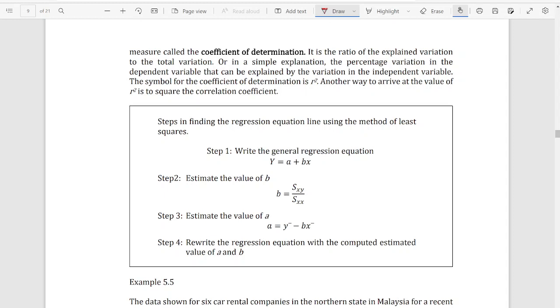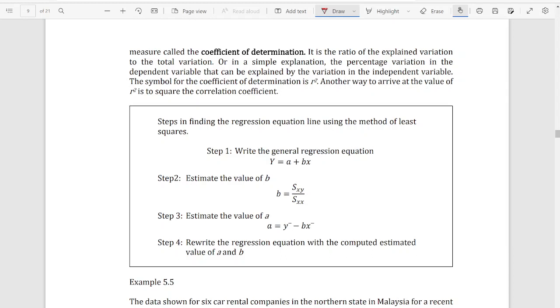Step 1 is to write the general regression equation. That means you write down the general form first, y equal to a plus bx. The second step is to estimate the value of b using the formula Sxy divided by Sxx. Once you have the value of b, step 3 is to estimate the value of a using the formula a equal to y bar minus b times x bar.